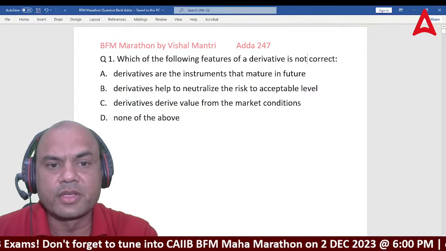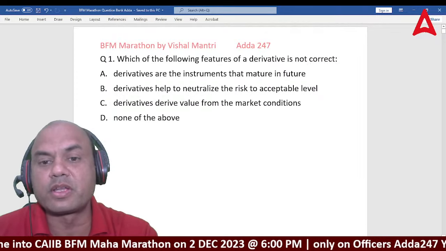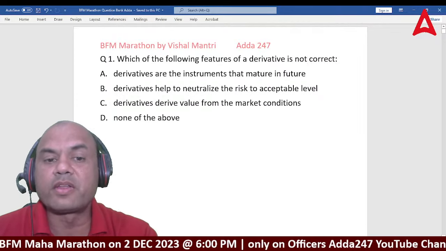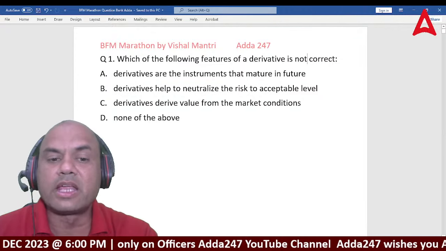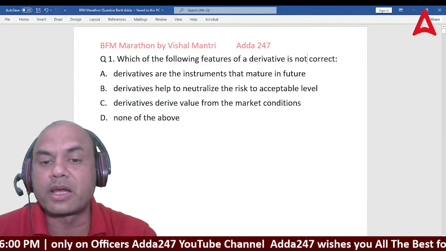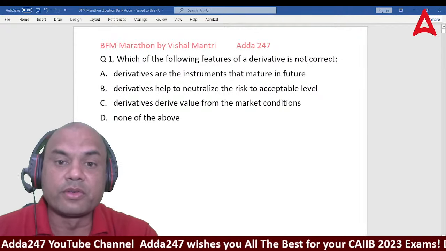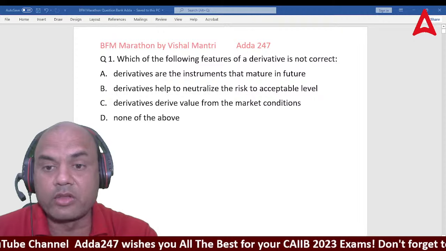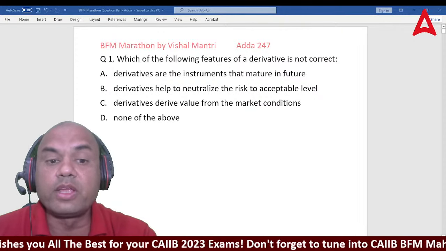So which of them is not correct? Derivatives are instruments that mature in the future. Derivatives help to neutralize the risk to the acceptable level. Derivatives derive value from the market conditions. And none of the above. So we want not correct. Always focus on what is asked in the exam, not on what we know.